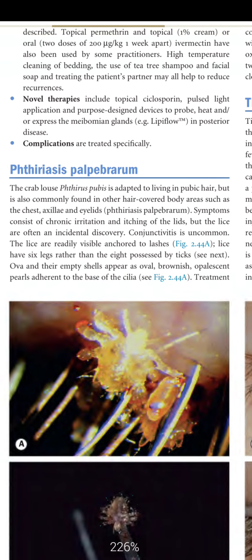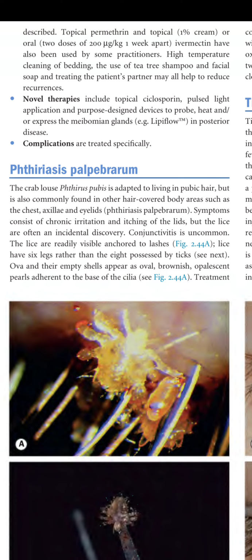The crab louse Phthirus pubis is adapted to living in pubic hair, but is also commonly found in other hair covered body areas such as the chest, axilla, and eyelid. So these are lice that are present in the eye, and when present in the eye, it is called phthiriasis palpebrarum.